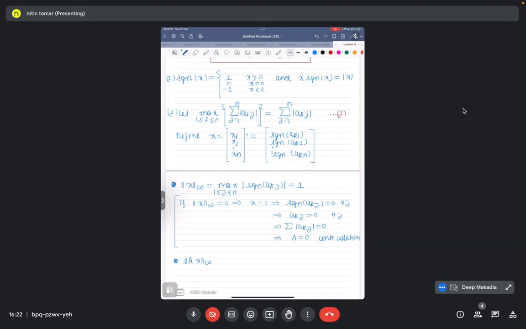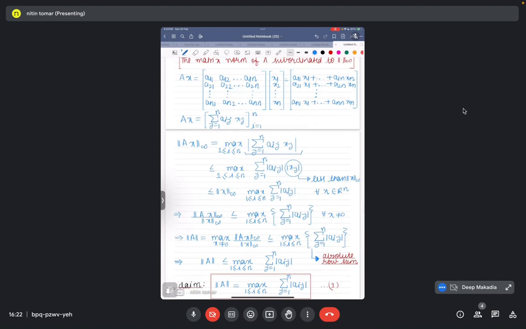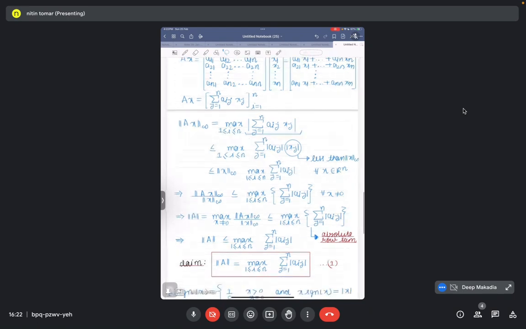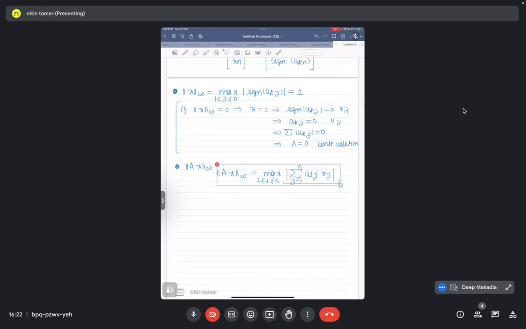So what is it? You can take off the previous computation. Like we already know what is ax. We proved here that norm x infinity will be this. Am I correct? Yeah.